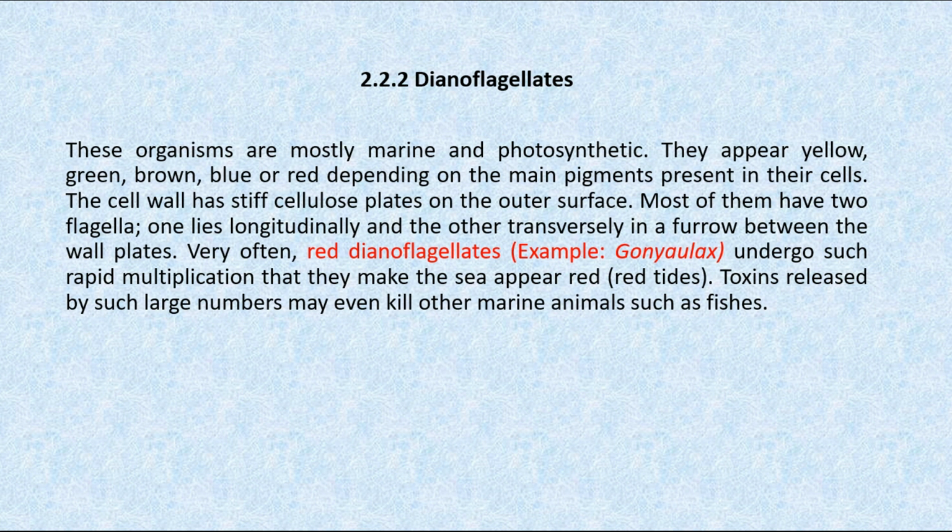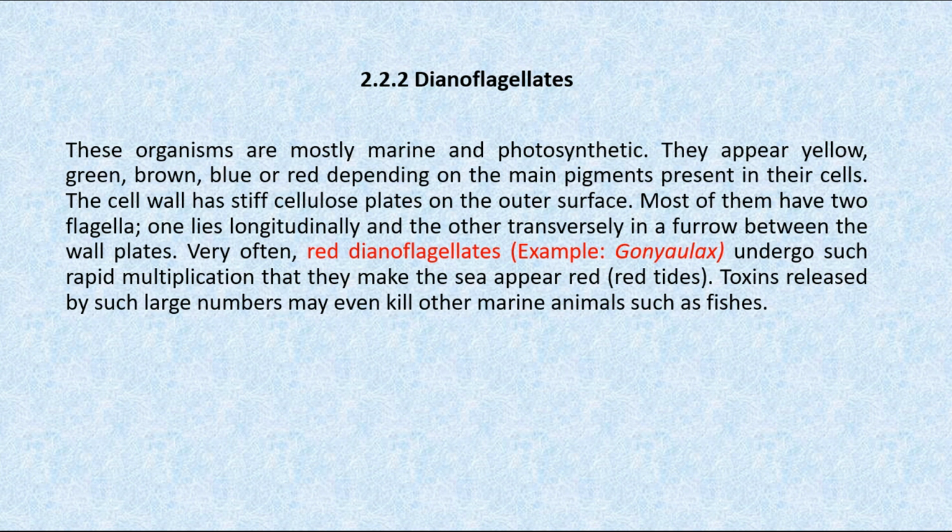Dinoflagellates. These organisms are mostly marine and photosynthetic. They appear yellow, green, brown, blue, or red depending on the main pigments present in their cells. The cell wall has stiff cellulose plates on the outer surface. Most of them have two flagella, one lies longitudinally and the other transversely in a furrow between the wall plates.